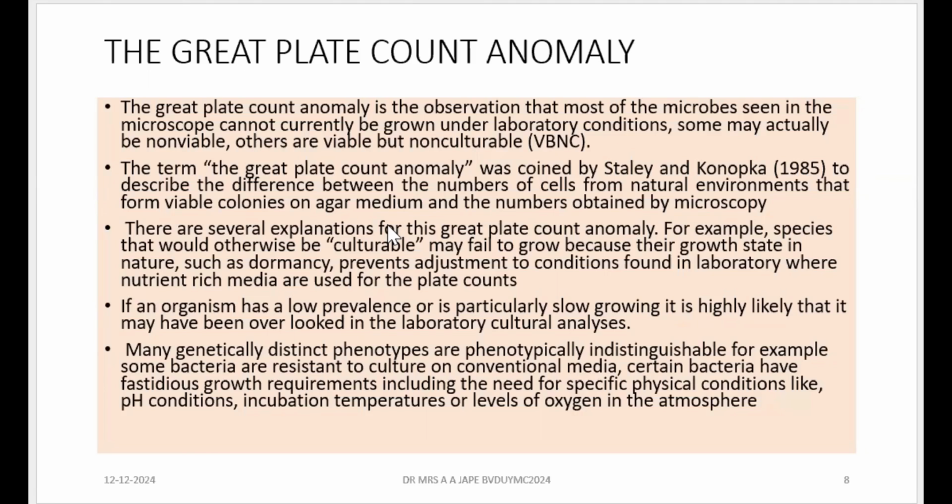Even after enrichment, the one cell will grow to maybe 10, but hundreds will grow to millions. So what is the probability of that single cell getting a chance on the nutrient plate to grow and give a colony, in the presence of thousands of other species growing around it? So if the prevalence of that bacteria is low, again there will be a challenge to bring it into culture and make it visible.